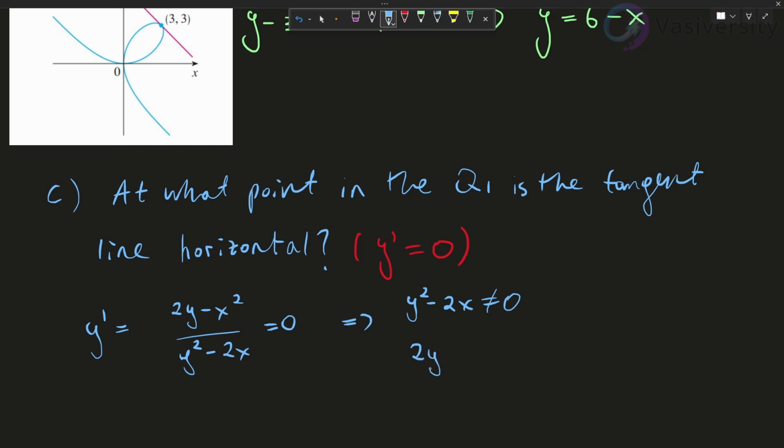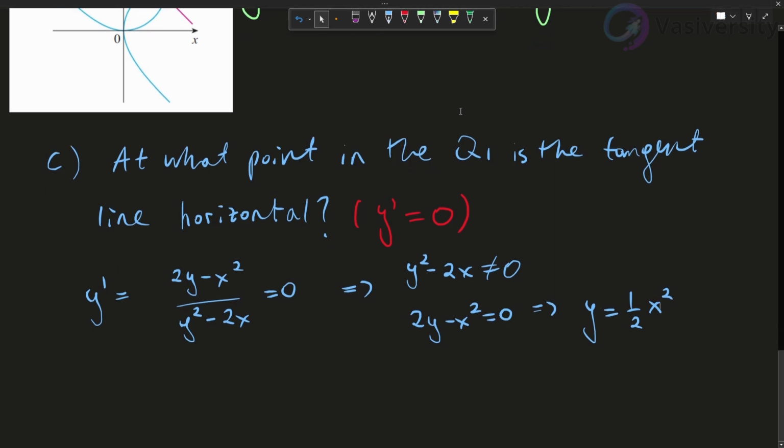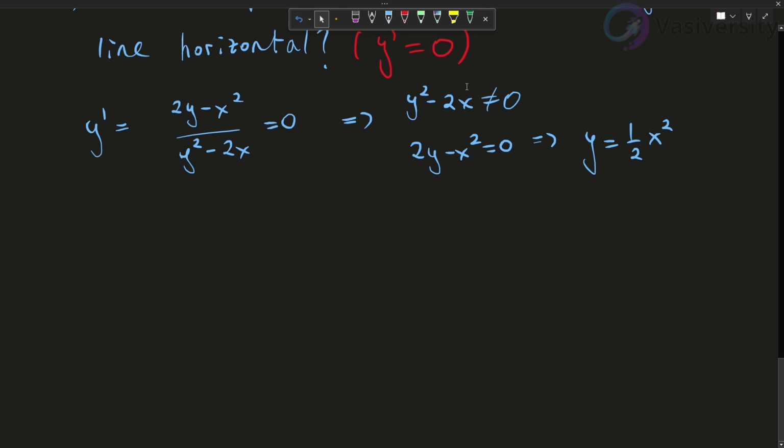And we will get that 2y minus x squared is equal to 0, which will imply that y is equal to 1/2 x squared. Okay, so now let's go ahead and plug in. So, plugging that in, we're going to get into the equation x cubed plus 1/2 x squared cubed is equal to 6x times 1/2 x squared.